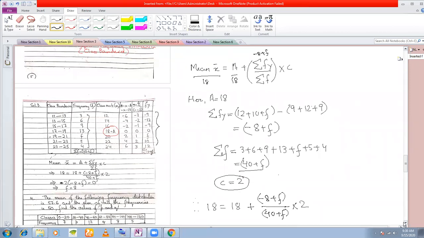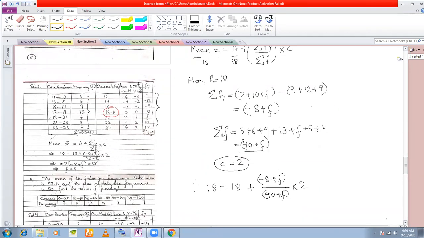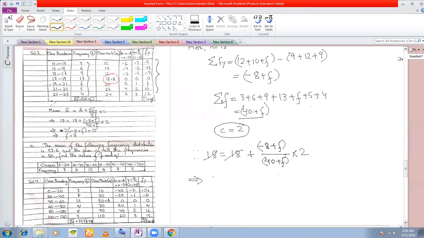Now we are going to simply solve this equation. How do you solve it? If you see here, this 18 and this 18 will cancel from both sides. So you're simply left with twice of minus 8 plus f divided by 40 plus f is equal to 0.